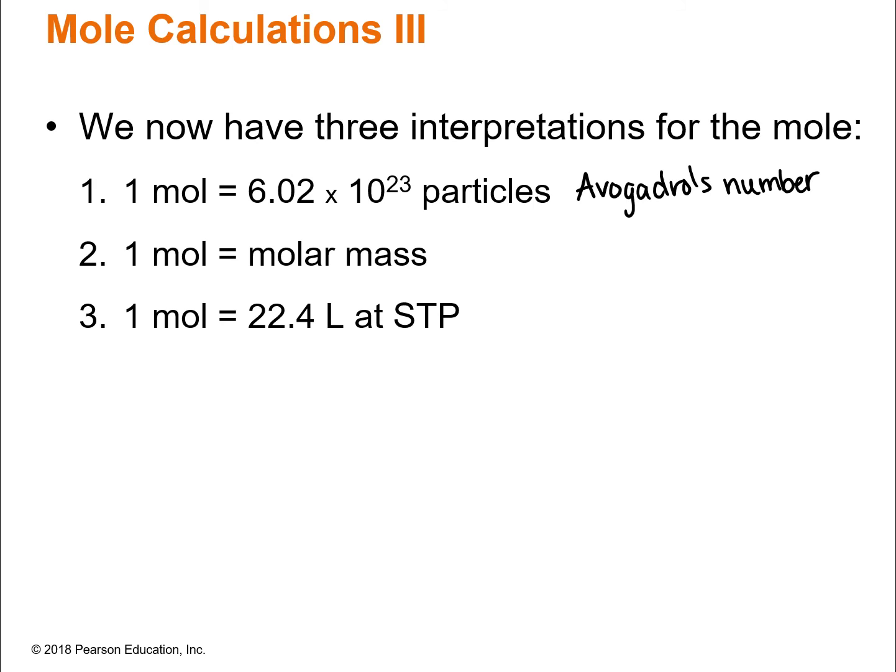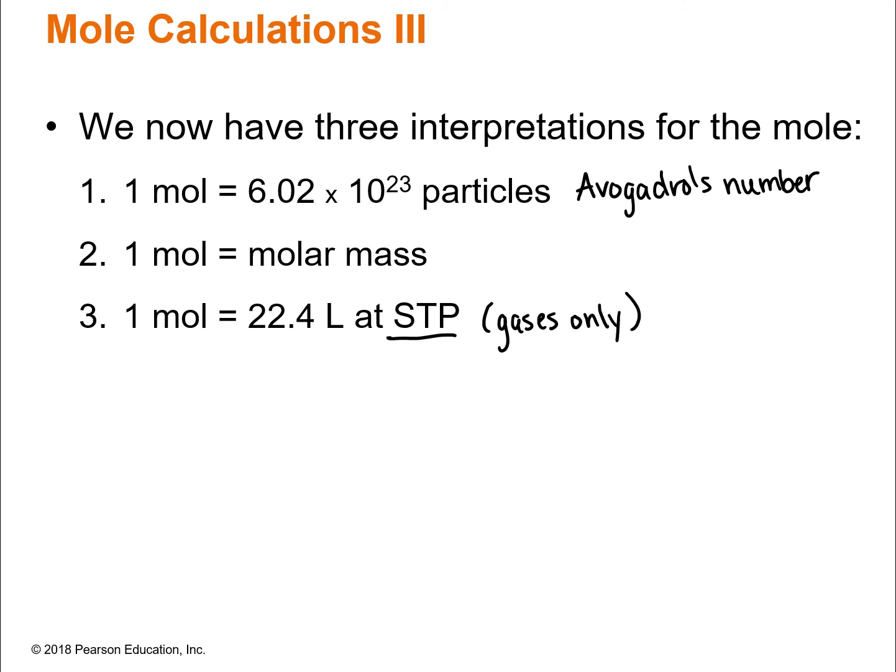And then this third one, 1 mole for gases takes up a volume of 22.4 liters at STP. Now that at STP part is important because when we get to chapter 10, we may not be at standard temperature and pressure. So for now, you're only going to see at STP. But in chapter 10, when we revisit this, things can get a little bit more complicated.